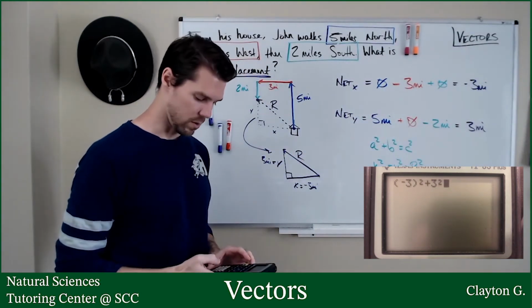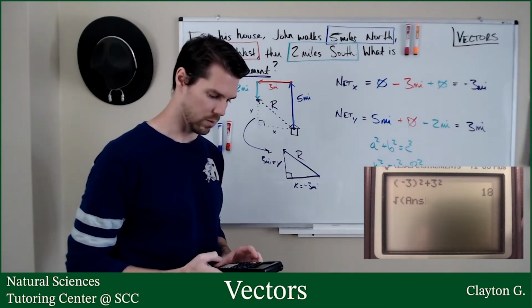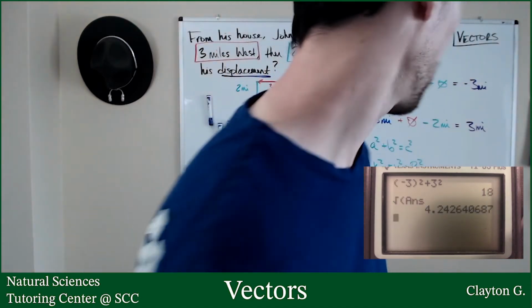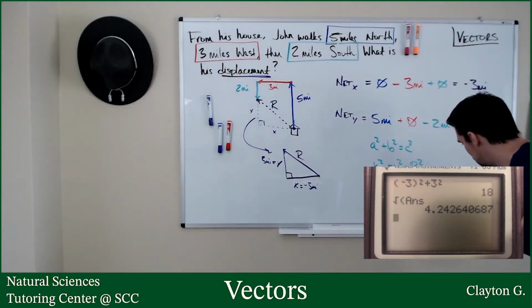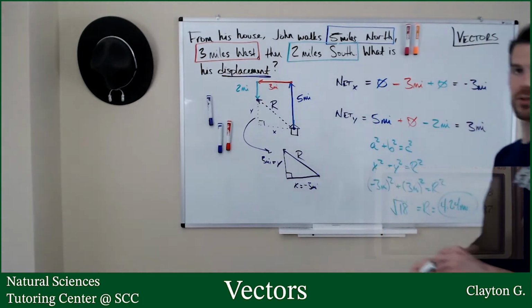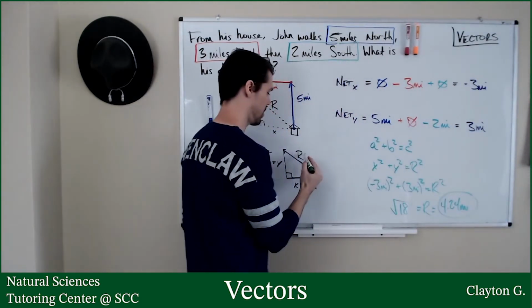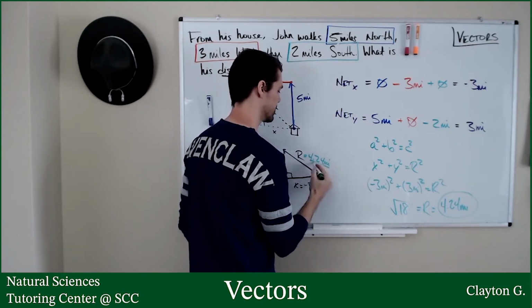All right, so the square root of 18 equals 4.24. All right, so the magnitude of our resultant vector is 4.24 miles. R equals 4.24 miles. There we go.